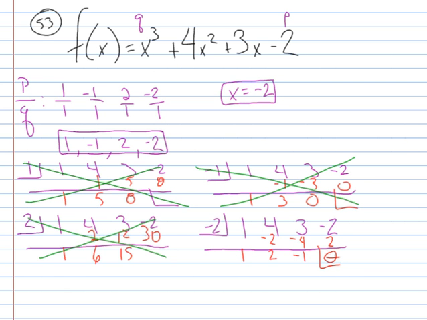Now I'm going to take the equation that I just created, x squared plus 2x minus 1 equals 0, and solve this one. Looking at this one, can I factor? In order to factor it, I'm going to ask what I could multiply to get 1 and subtract to get 2.